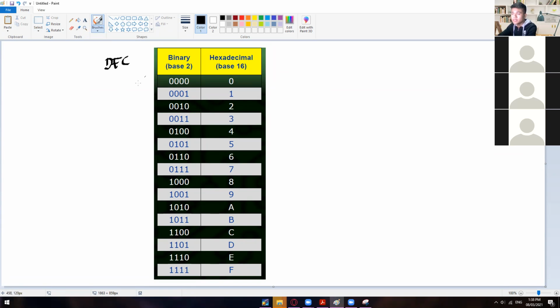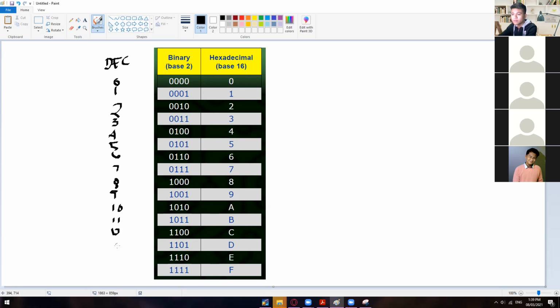The decimal part, 0 is of course 0, 1, 2, 3, 4, 5, 6, 7, 8, 9, 10, 11, 12, 13, 14, 15. As you can see, this is what we saw before, decimal to hexadecimal. So 10 is equivalent to A, 11 is equivalent to B, and so on and so forth.